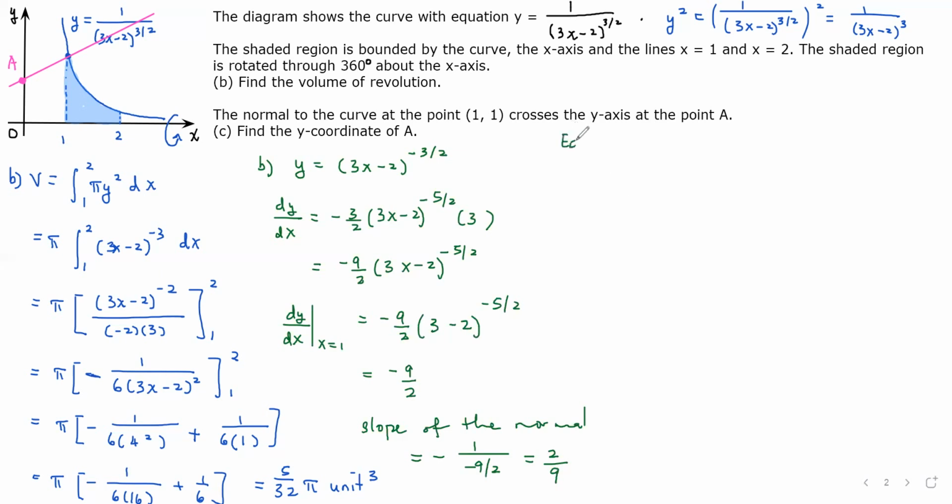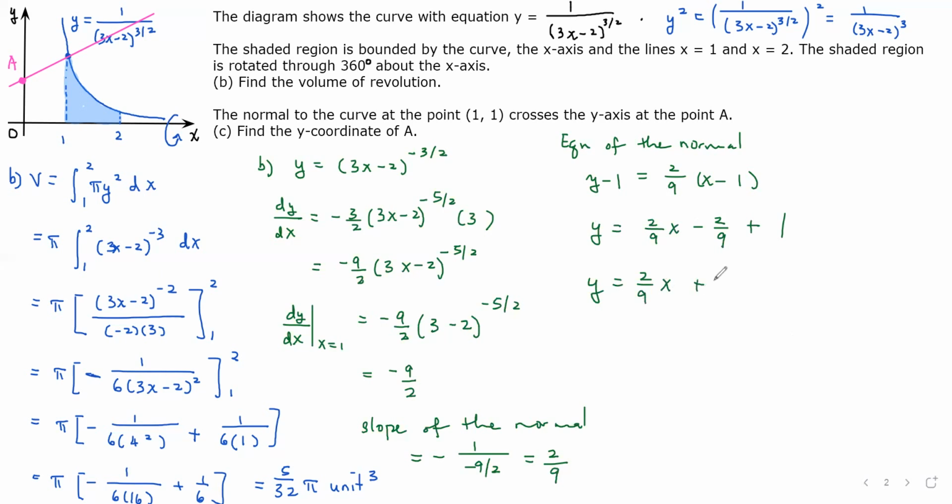Then the equation of the normal, we have y minus 1 equals 2/9 times (x minus 1). So y here is 2/9 x minus 2/9. When you move this over, it becomes positive 1. y is 2/9 x plus 7/9.